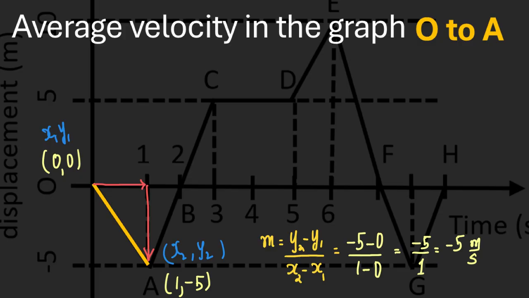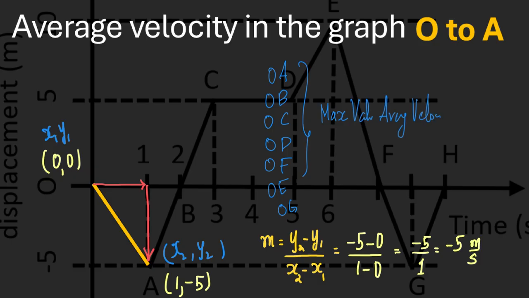Which paths here, like O to A, O to B, OC, OD, OF, or maybe the complete set of paths, including OE and OG, which among these would give you the maximum value of average velocity? Think of it.